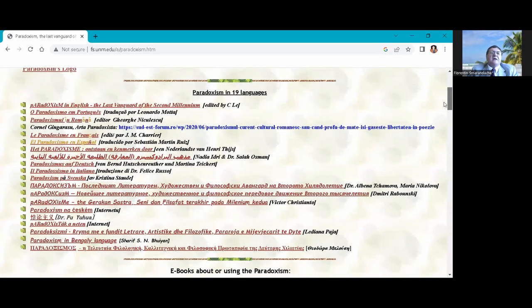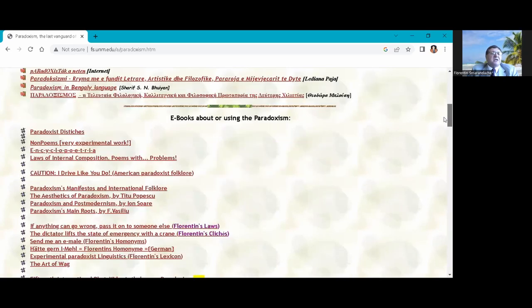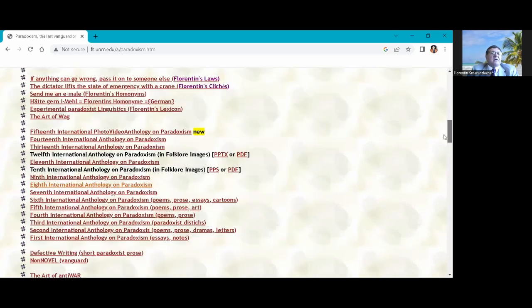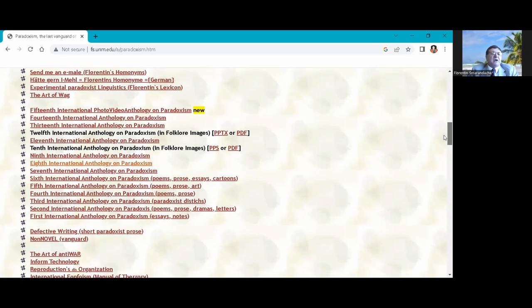It was spread out in the world, and there are essays in 19 languages published, and some interesting ideas and paradoxist manifestos were developed. There are also 15 international anthologies on paradoxism in art, literature, culture, and using neutrosophy, we use paradoxes in science as well.